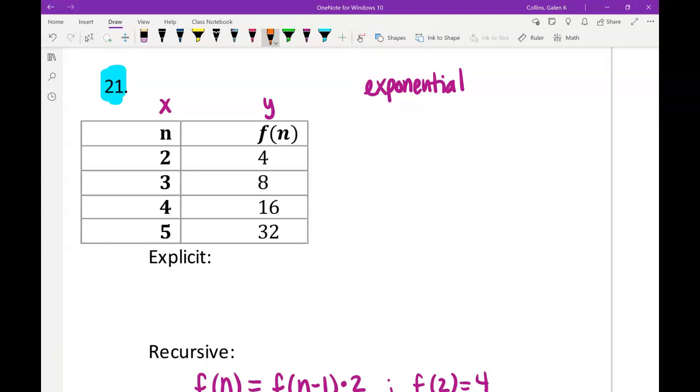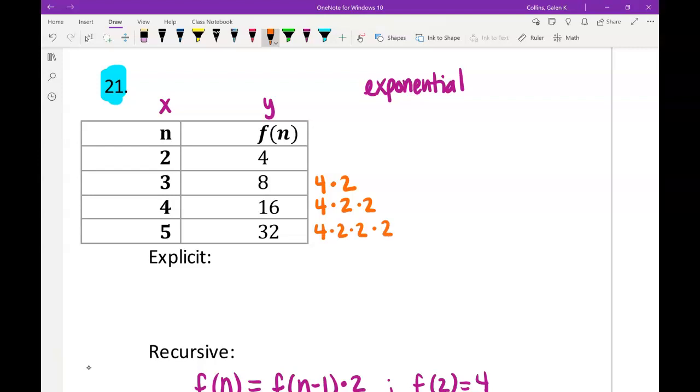So here's how we could think about it. I know I'm multiplying by 2. That's my growth factor. So to get to the number 8, starting at the number 4, that's 4 times 2. To get to the number 16, that's 4 times 2, which was 8, times 2 again. And to get to my 32, that's 4 times 2 times 2, that gave me 16, times 2 one more time.